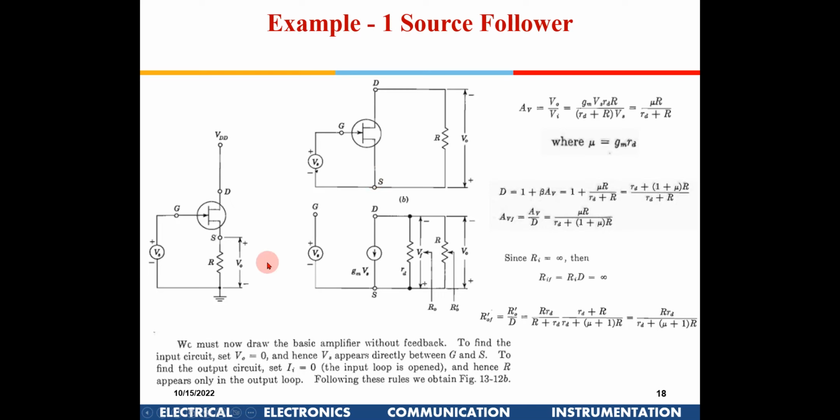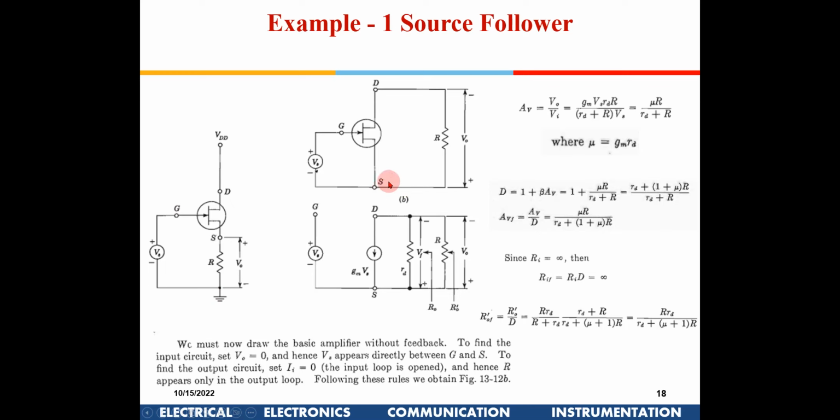Now from the output side, now input we have drawn. For the output, since it is a voltage in series, I have to make it an open circuit. If I make this open circuit, in the output circuit, will R remain or will it go? R will remain, right?